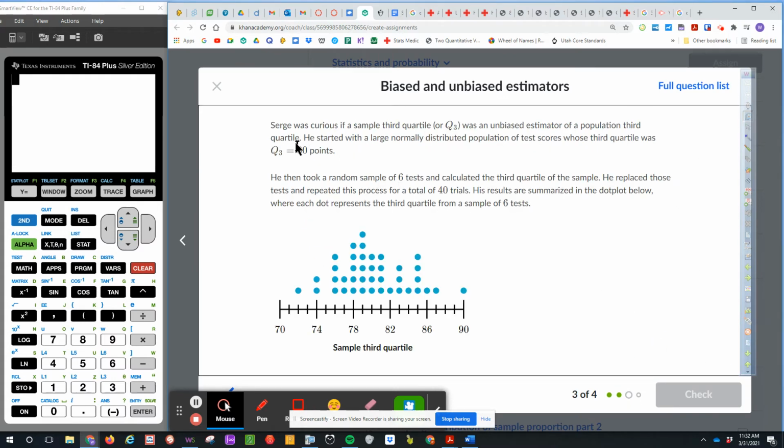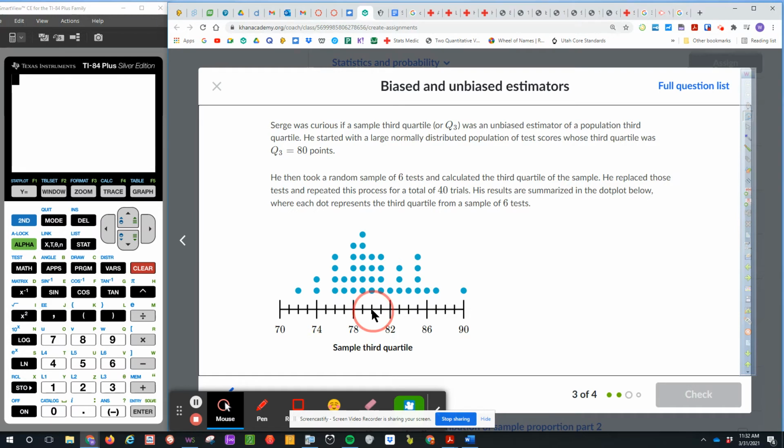Okay, Sergey was curious if the sample third quartile, or Q3, was an unbiased estimator of the population third quartile. He started with a large normally distributed population of test scores whose third quartile was 80 points.